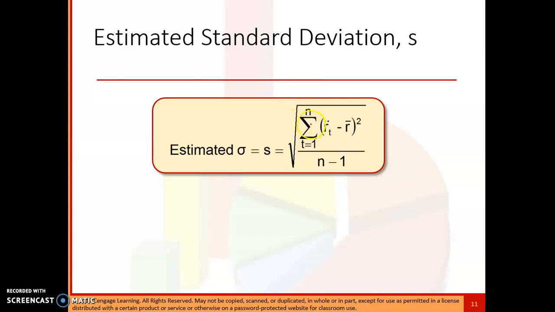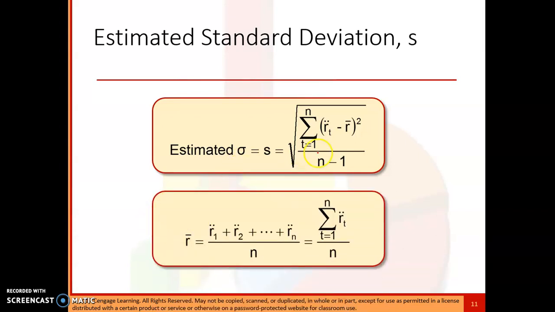We take the sum of our squared deviations and divide it by n minus 1. This is supposed to make the estimation of standard deviation more robust. We're reducing the size of the denominator, which makes our standard deviation larger.